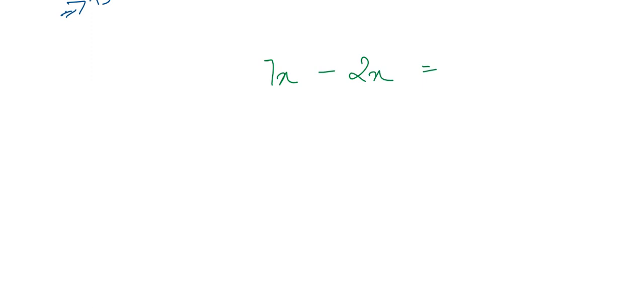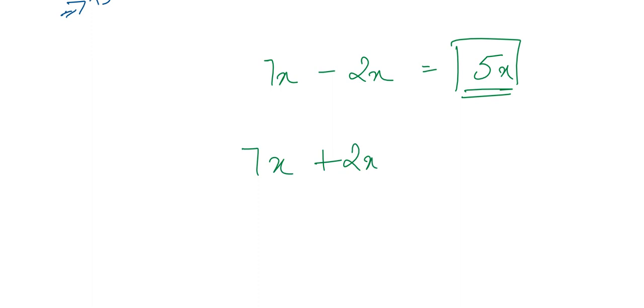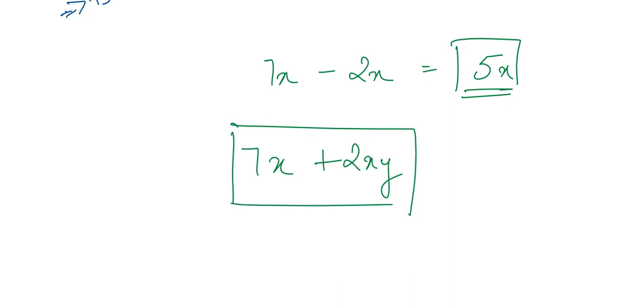Just subtract, having 5x. Seems clear? And if I have something like 7x plus 2xy, can you do something here? You can't. So you would just leave it as it is. You wouldn't be doing anything.